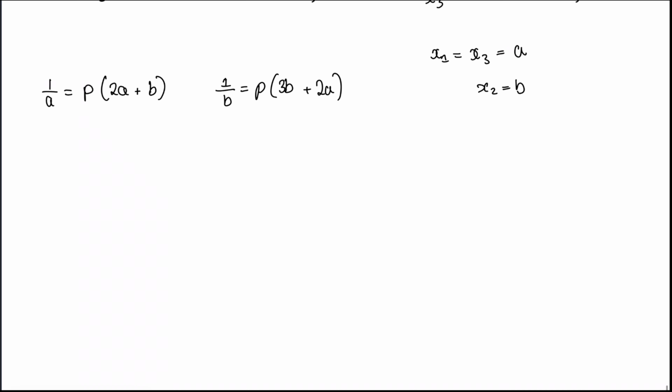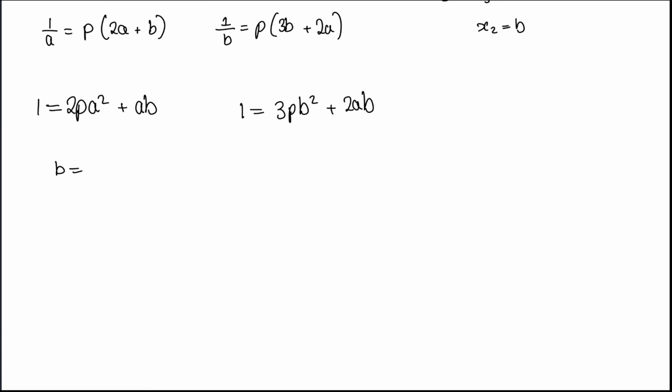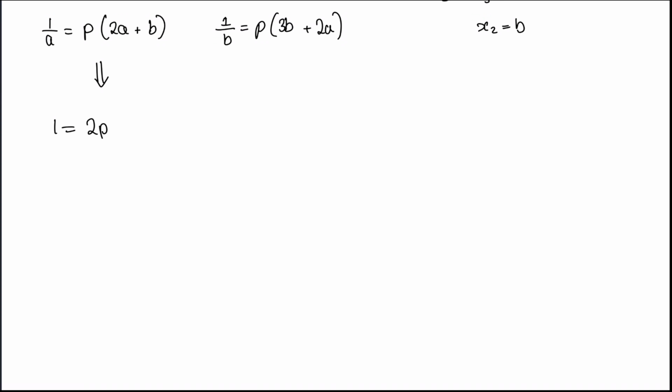Cool. If we now look at these two equations, we have 1 is equal to 2 rho a squared plus rho ab over here, and then 1 is equal to 3 rho b squared plus 2 rho ab.